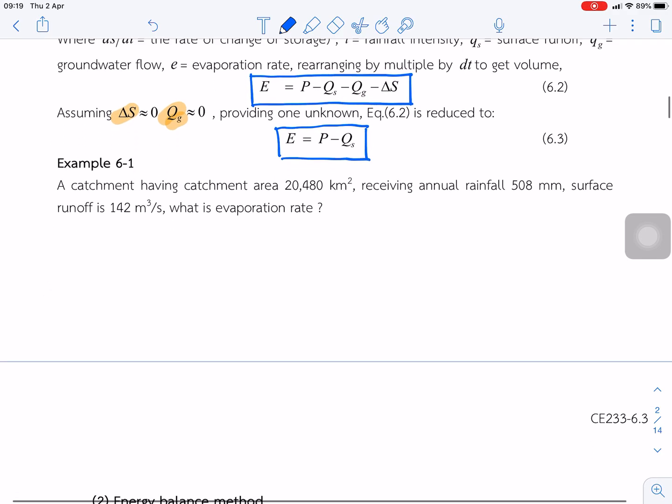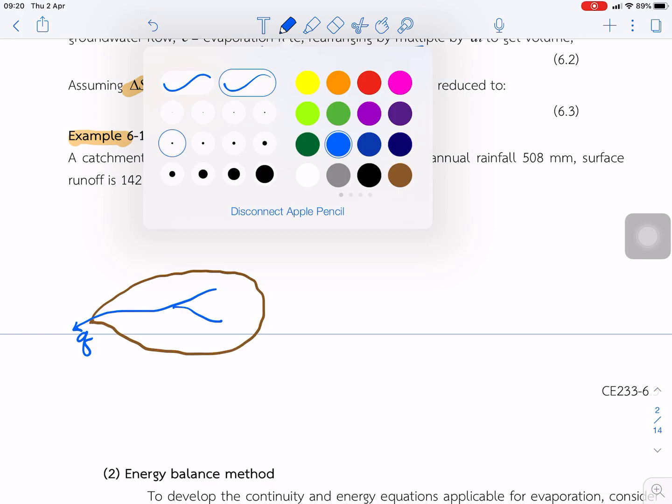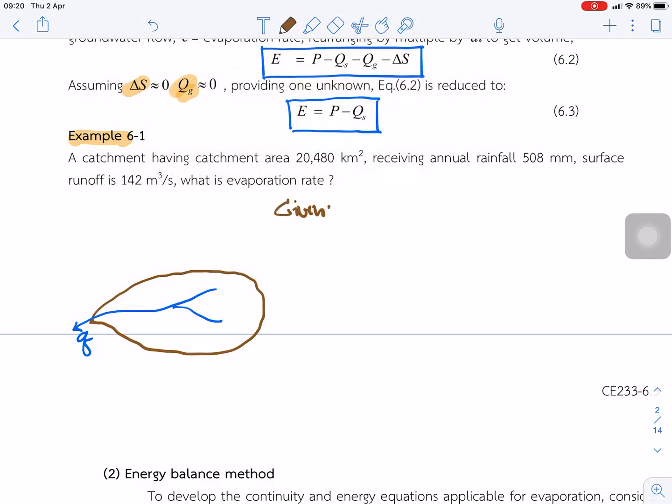Can you look at the next example? A catchment having a catchment area of 20,480 square kilometer, so we can draw the area, and receive rainfall P of 508 millimeter.